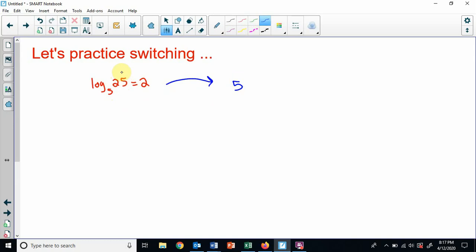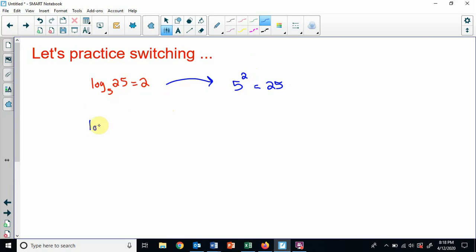Well, let's see. The input is 25. The output is 2. Remember, when you do an inverse function, the inputs and outputs switch places. So the exponent, the input here, will be the 2, and what it's equal to will be 25. So the input and the output trade places, and the base stays the same base. So that's not too bad, right?